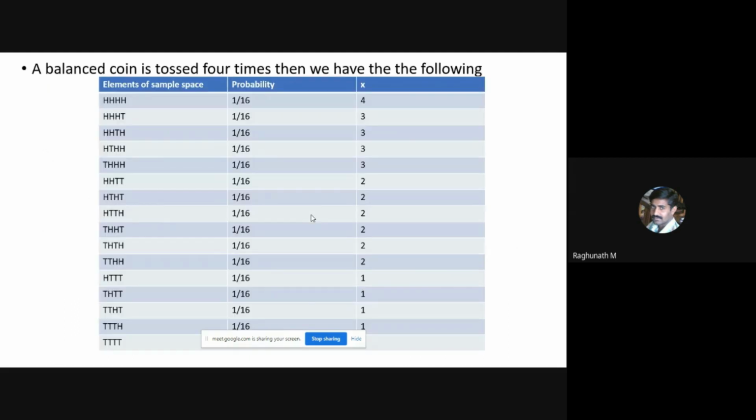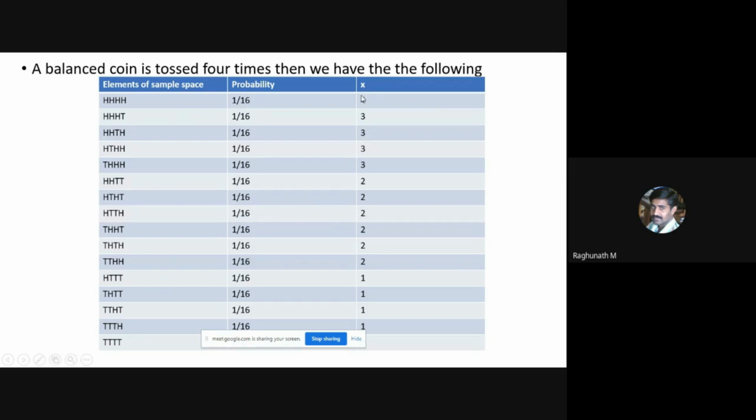Coming to one of the examples which I was discussing, a coin tossing experiment. If a balanced coin is tossed 4 times, then we have the following. If you look into the first column, these are all the possible outcomes we are going to get if I toss 4 times. Each of these is balanced, so the occurrence of each has the same probability, that is 1 by 16.